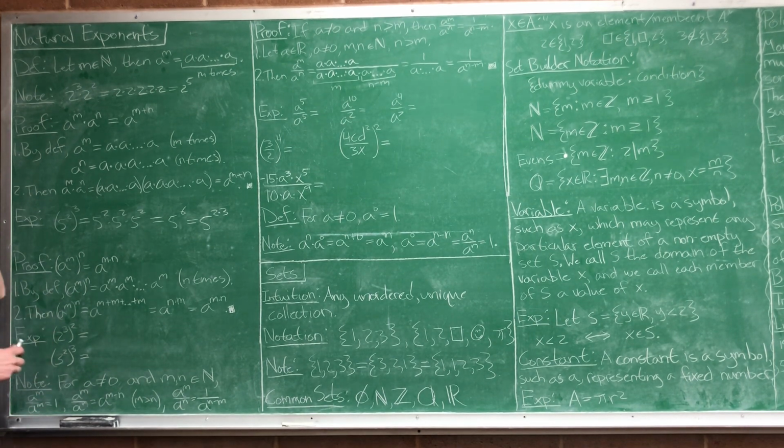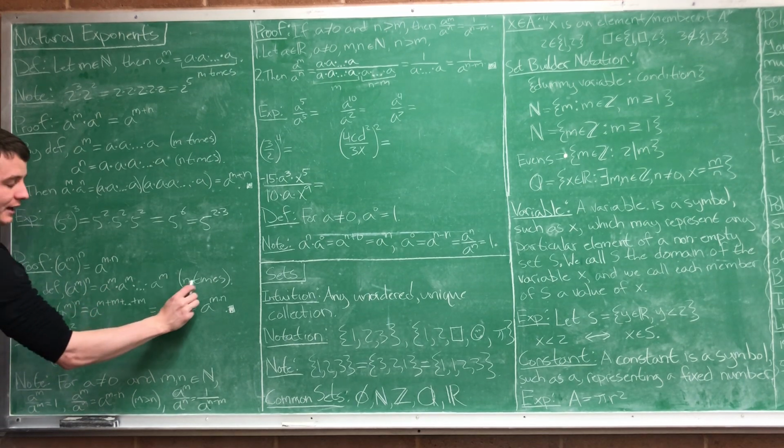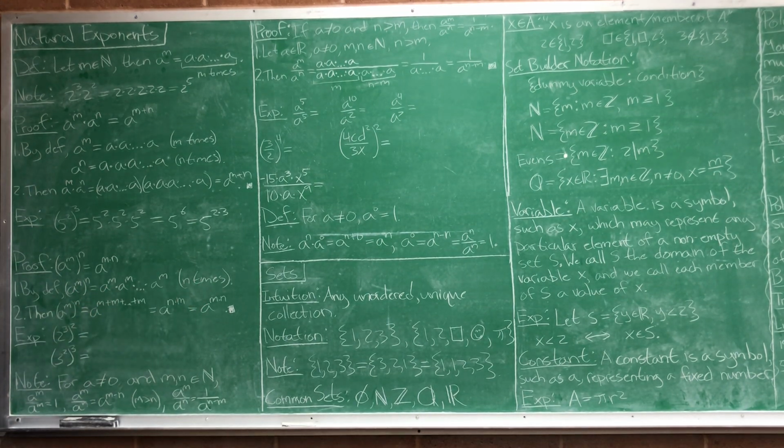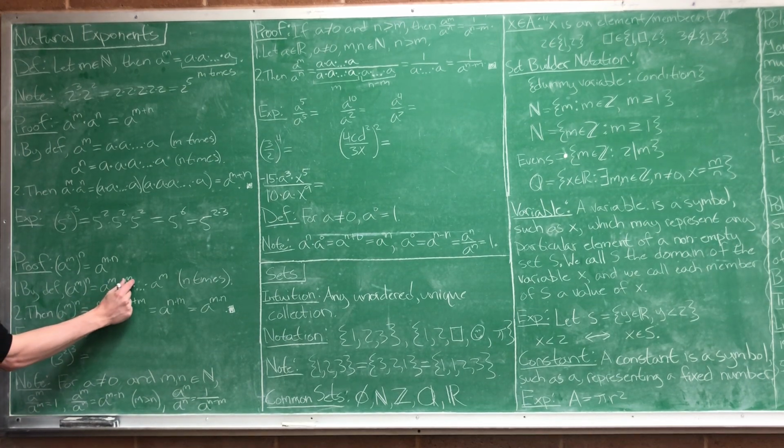And it's going to be a pretty similar proof. By definition, a to the m to the n, when we have something to the n, that means we have that thing multiplied by itself n times. Right? Then, by the proof we just did up here, that means that a to the m to the n is the same thing as, we can just add up all the exponents.